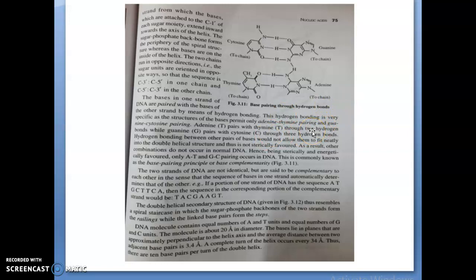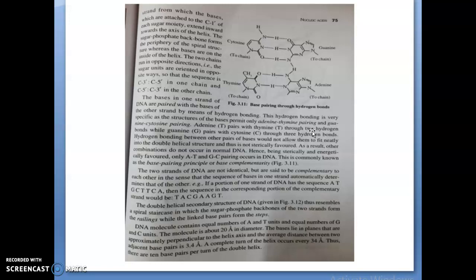One complete helix turn occurs every 34 angstrom, and one turn contains 10 base pairs in the double helix structure.